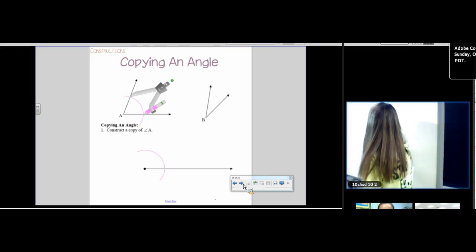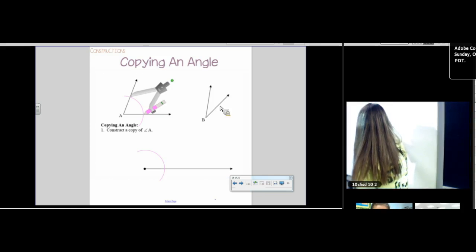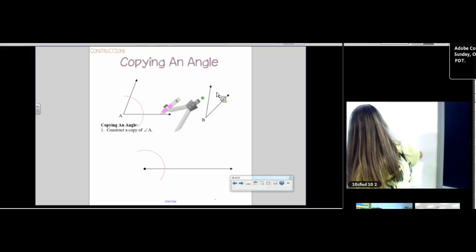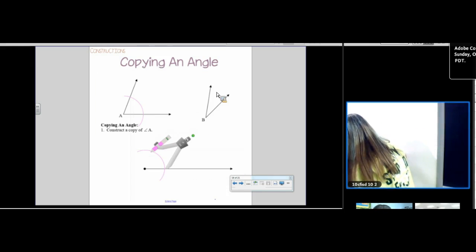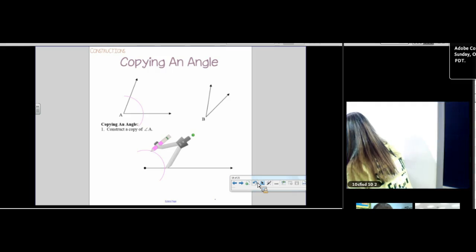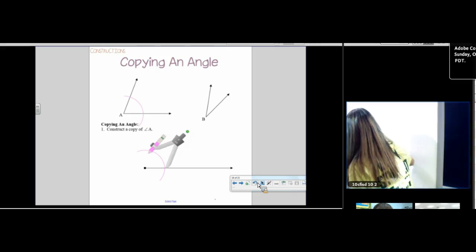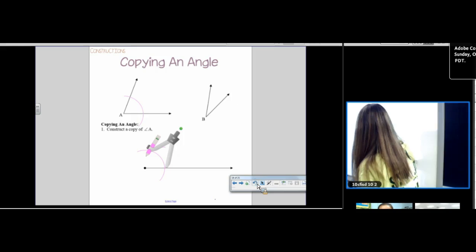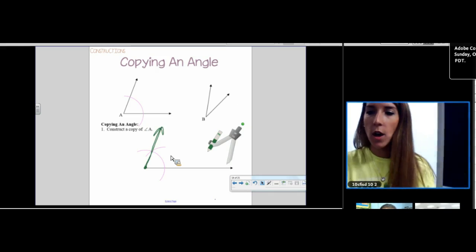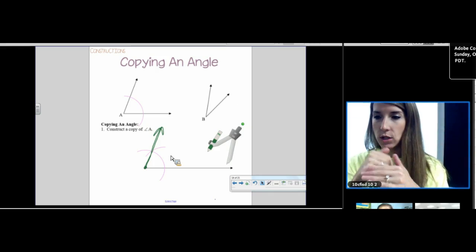Okay, then you go down to your picture and you put the needle, my alignment's off, sorry. You put the needle where the arc intersects the ray. You don't do what Miss Stanton just did. There you go. And you make, oh goodness, when your alignments are off, it's hard to show. You make an arc right there. Then with your straight edge only, you draw a ray through the intersection of those two arcs.